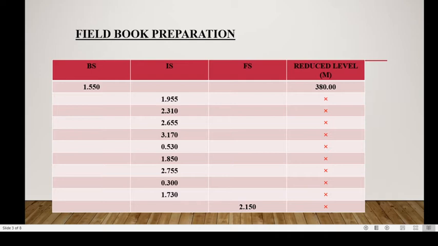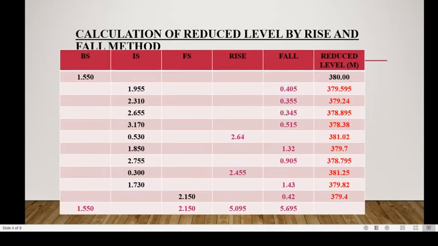First we will calculate the rise and fall in order to find out the reduced level of the rest of the given stations. The rise and fall can be easily calculated by subtracting the successive value from the preceding one. These calculations have been already explained in my previous videos, so no need to explain here.